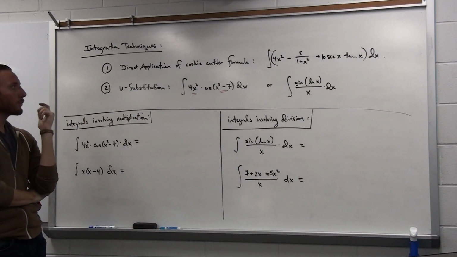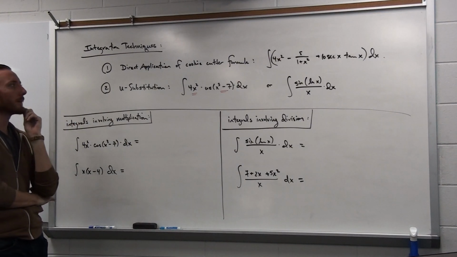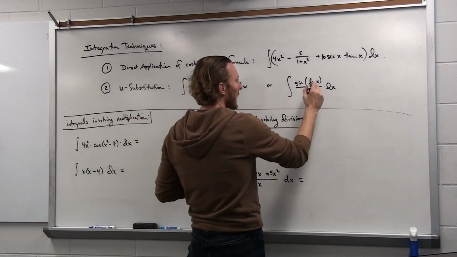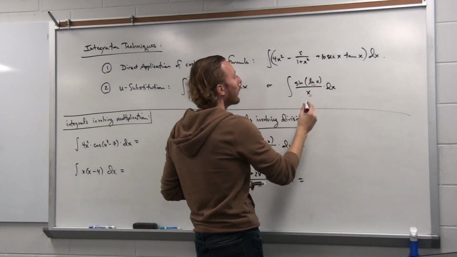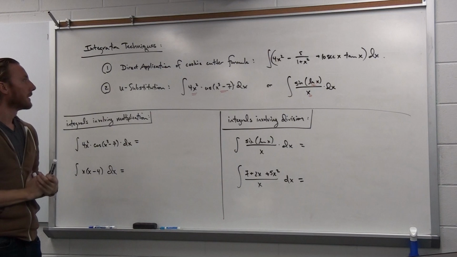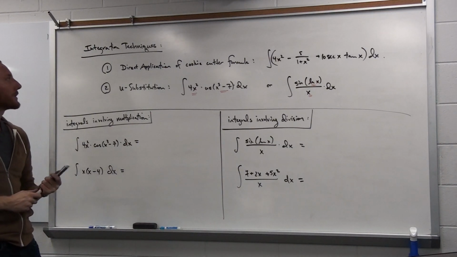But the long story short is whenever you're doing u substitution, you're looking to see 2 bits of the expression related by derivative. Actually, ln x over x is such an example because you've got the ln x, and you know the derivative of ln x is 1 over x, so that's going to account for that x downstairs.